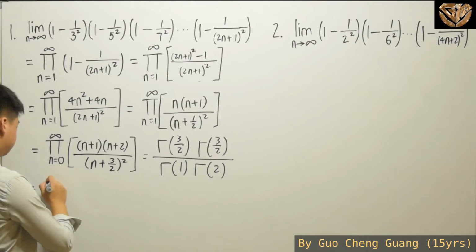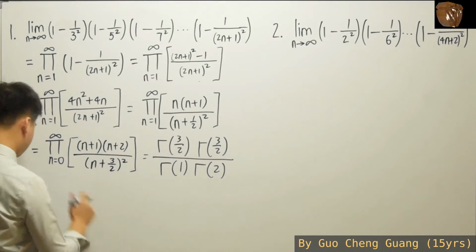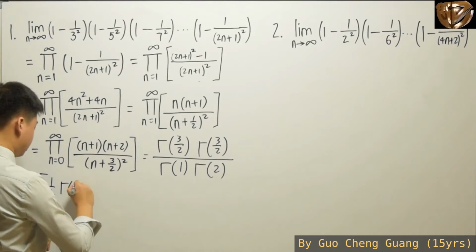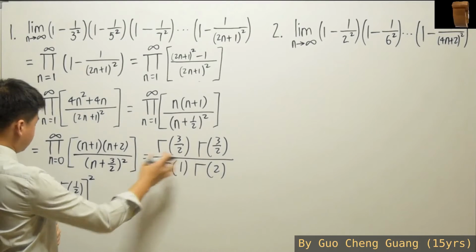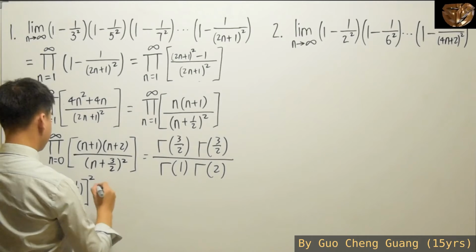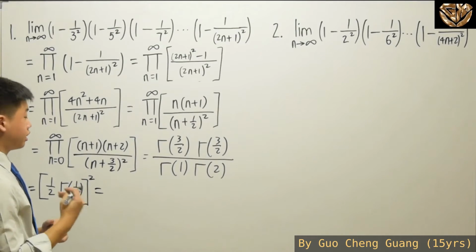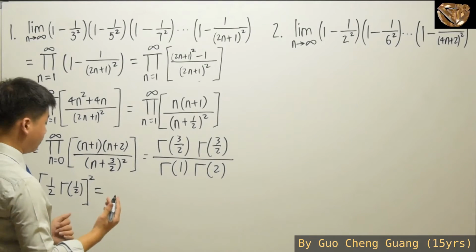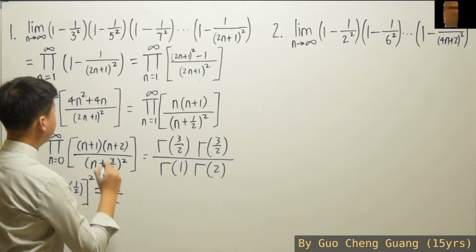Now you will see half gamma half, all squared, since you have two of them, you're going to use the same thing. For the denominator, they're both ones, so it's not going to matter. Now, what is gamma half? In the previous lessons, we have already shown that it is square root pi. So square root pi squared, you're going to see pi over 4.